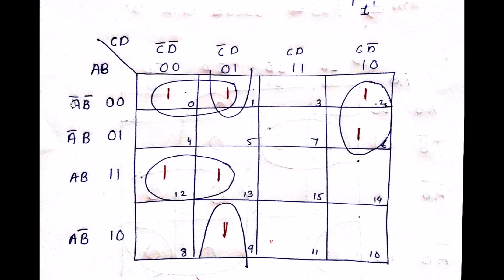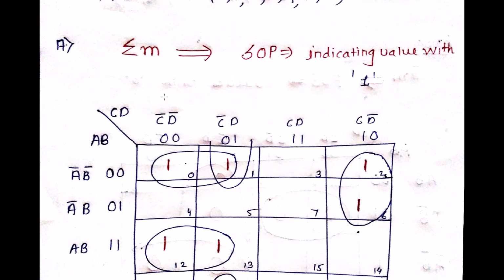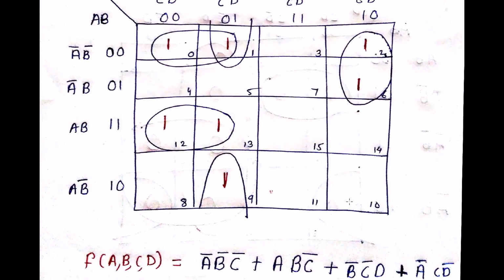Now 0 is indicated with bar and 1 is indicated with no bar. Since it's a SOP, we have A bar B bar, A bar B, A B, and A B bar. Similarly, we have C bar D bar, C bar D, C D, and C D bar. And just indicate all these values which are there with the help of ones. Now the grouping can happen. Now as I told you, the first priority is to make a group of 16.